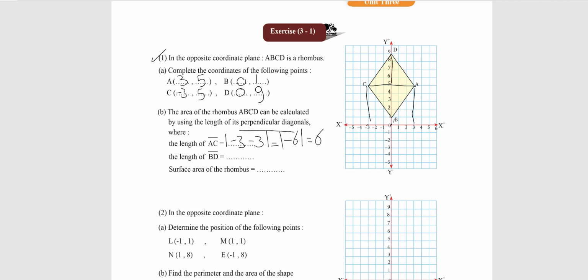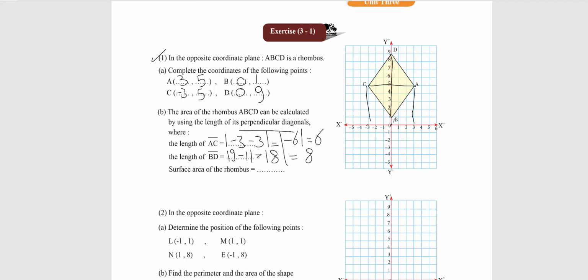The length of the diagonal BD equals the absolute value of the ending point 9 minus the starting point 1, equals the absolute value of 8, equals 8 units.